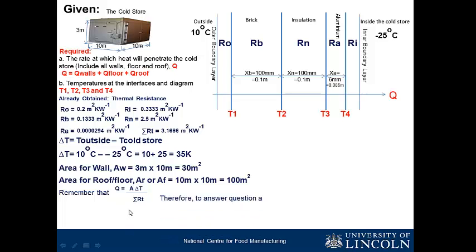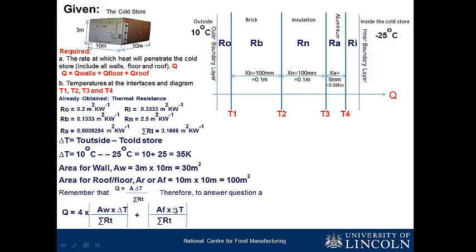The Q for the entire cold store will be 4, because we have 4 walls, multiplied by the Fourier law for the wall, which is area of the wall times temperature difference divided by thermal resistance, plus the Fourier law for the floor, plus the Fourier law for the roof. Now you discover that delta T and summation RT are the same, so we can take them out.